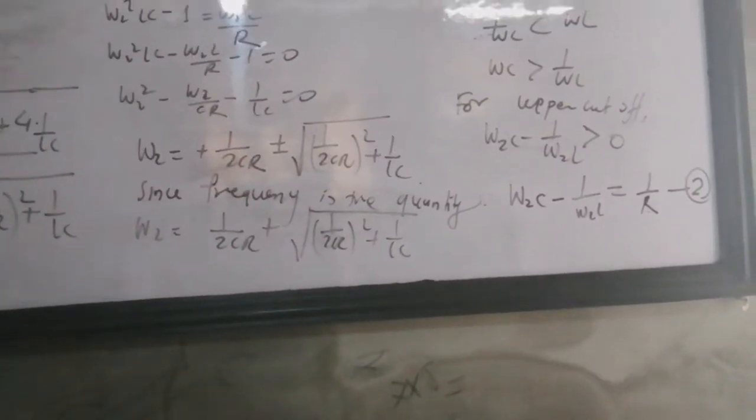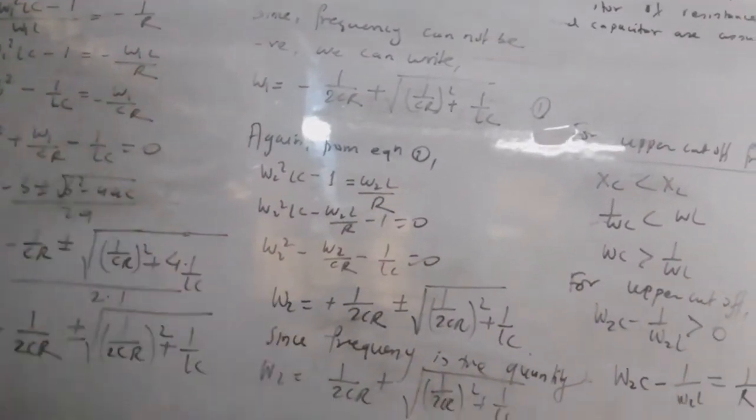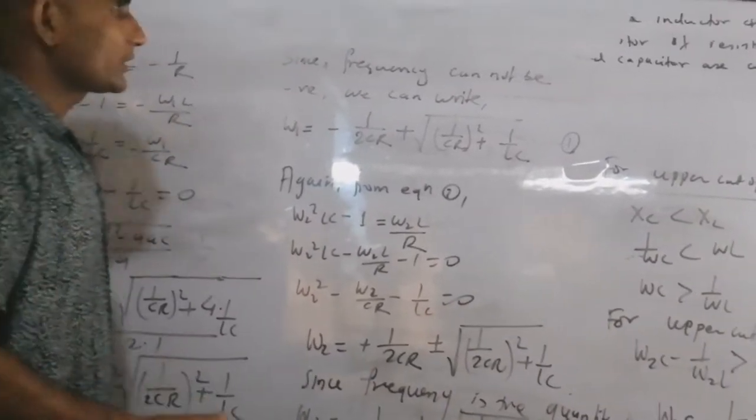So friends, we got both omega 1 and omega 2. Now how can I find the bandwidth?